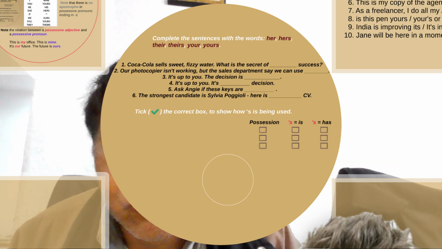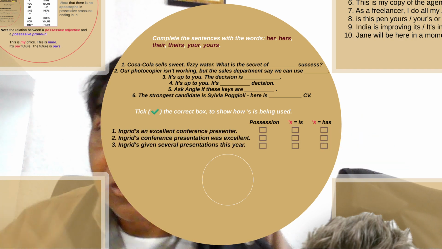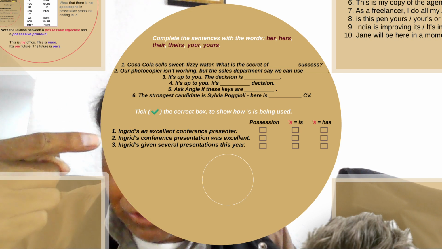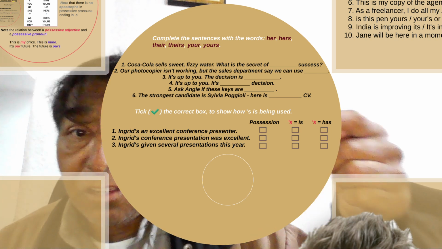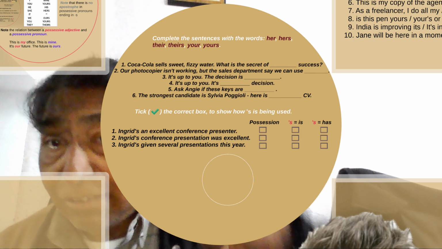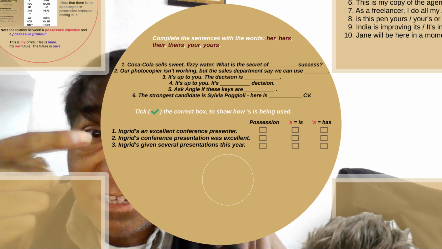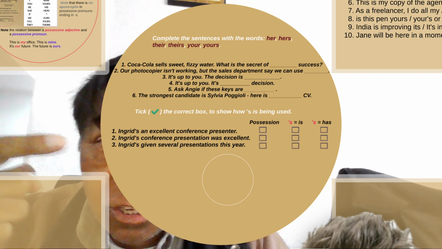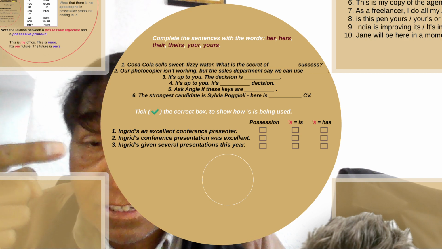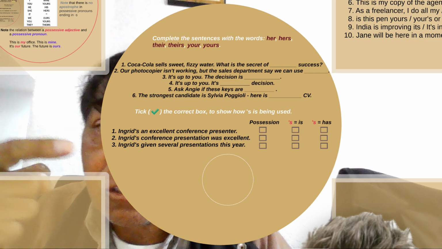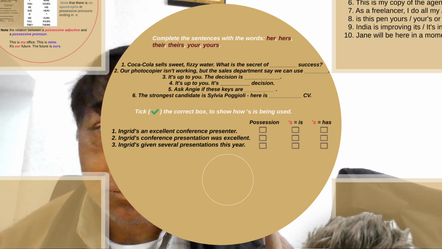So there are three options. Here we have these three ideas, and I want you to describe if the apostrophe s is working as a possession, as a verb to be, the contraction, or as has.